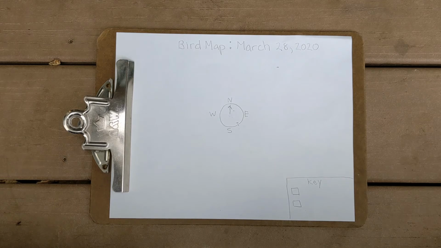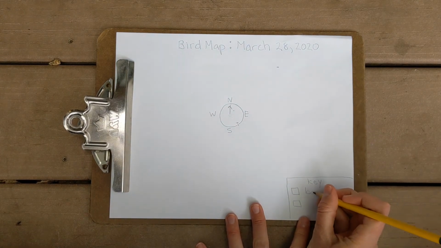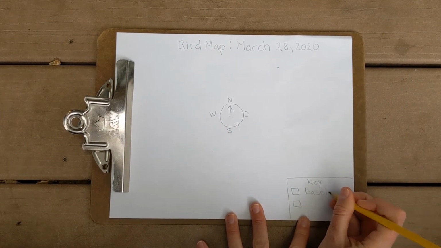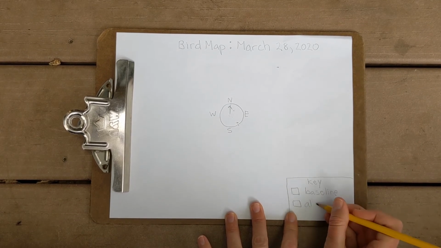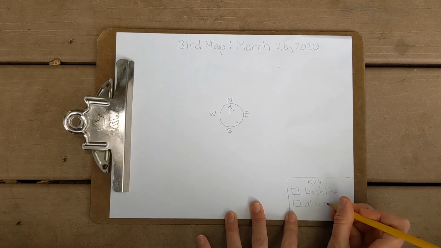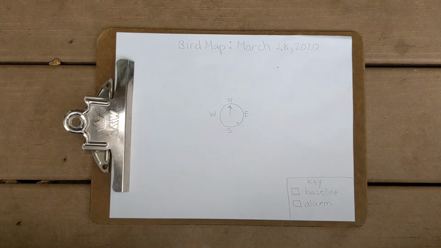But for right now, we're just going to worry about the categories of voices. We're going to worry about baseline voices and alarms. As you get more comfortable with it, you can start recording each type of voice that you're hearing, but for right now, this is just going to be the easiest.